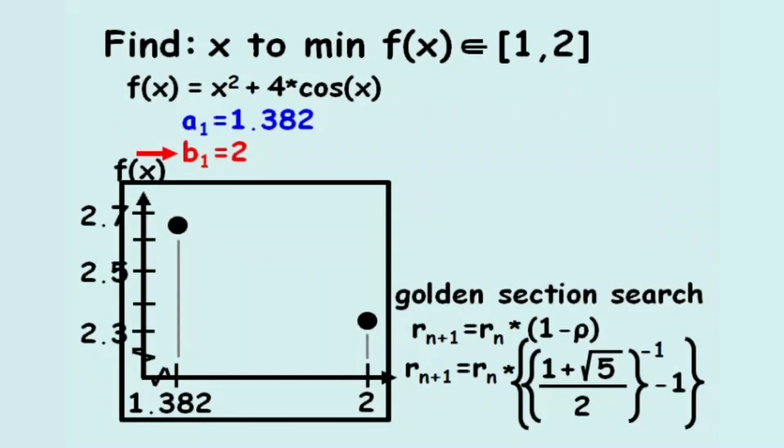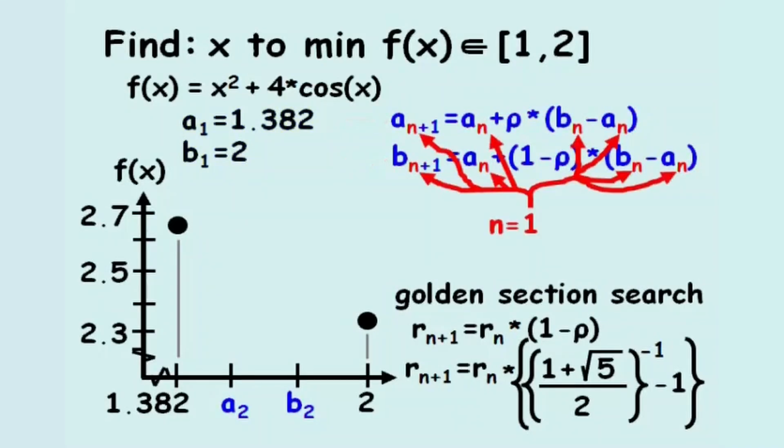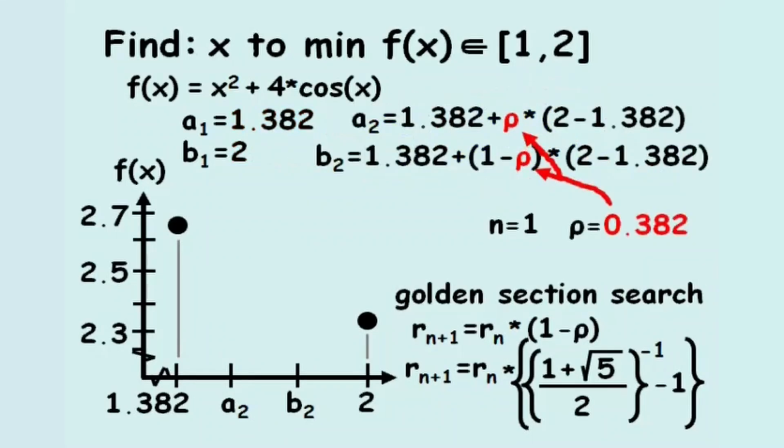Next, we'll find x values for a2 and b2 using the same equation as before, but this time assigning n to equal 1, which means we'll plug in the values for a1 and b1. And as in the previous iteration, rho equals 0.382. Therefore, a2 and b2 calculate out to 1.618 and 1.764.